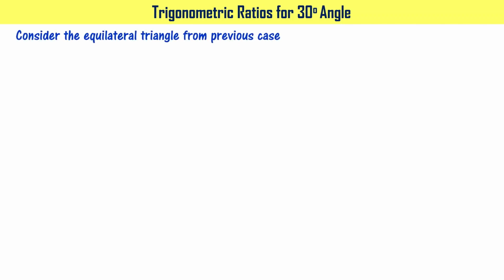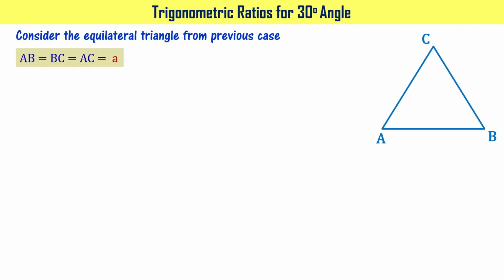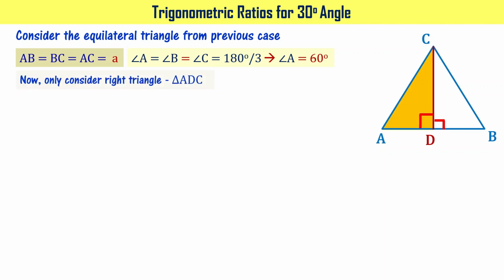Let us consider the equilateral triangle from previous case, that is triangle ABC. And we said that AB equal to BC equal to AC equal to a, right? And angle A is 60 degrees. Now let's only consider triangle ADC. In this triangle, we know that angle A equal to 60 degrees and angle D equal to 90 degrees, right?